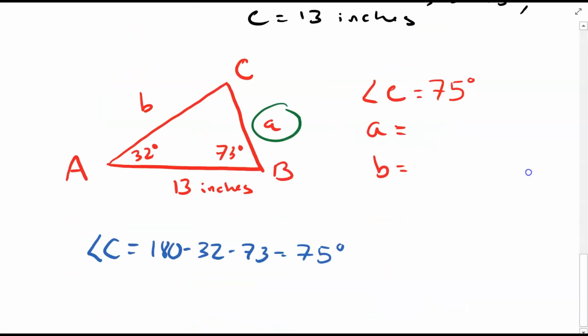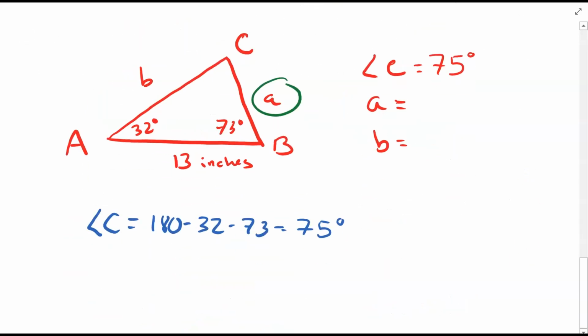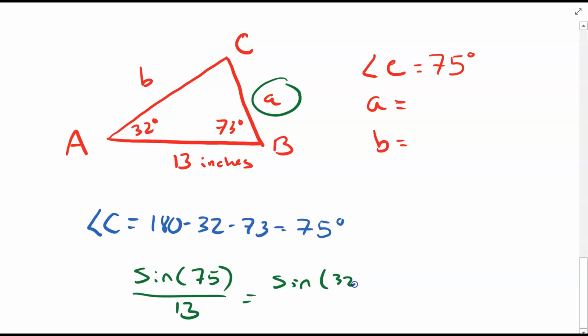Why did I pick those two? Because we know everything about C. We know the angle measure and the side length. And in A, we know the angle measure, but we don't know the side length. Everybody feel so far so good?